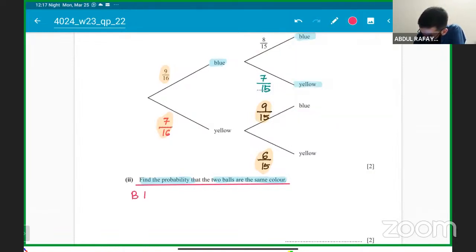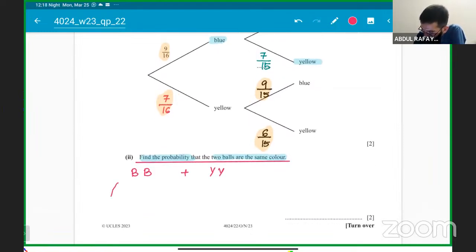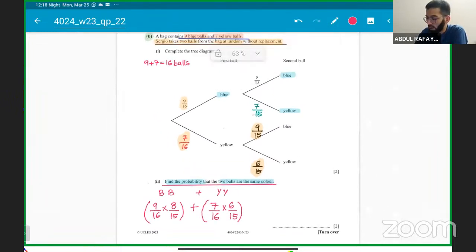It is blue, blue, or yellow and yellow. These are the two possible options. Because both of them need to be the same color, blue, blue will be 9 over 16 into 8 over 15, sir. And yellow, yellow will be 7 over 16 into 6 over 15. So these are the possible outcomes.